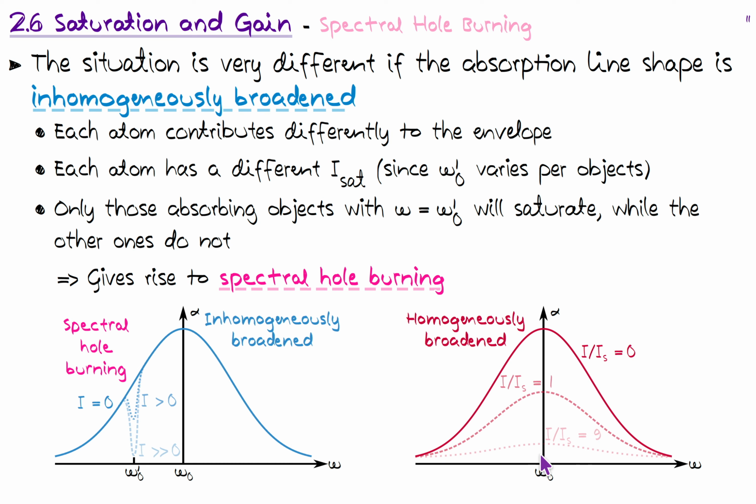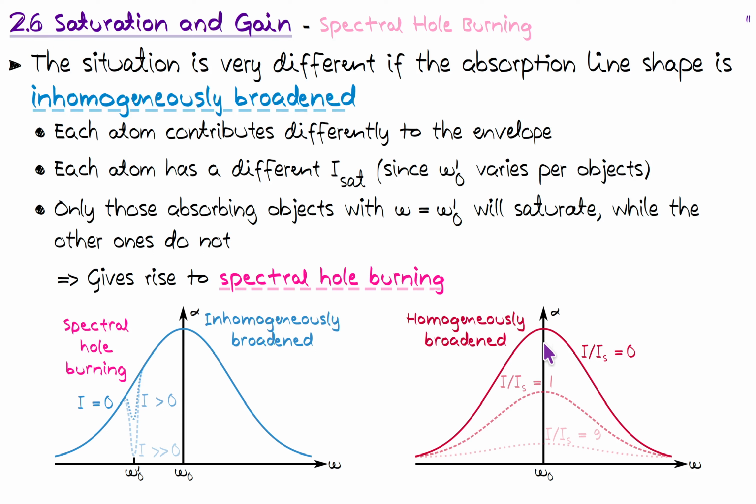So first, let's consider the homogeneously broadened medium. All of these atoms that form my gain medium have the same line shape. In the original case, where I have a weak incident field, the absorption coefficient is the original alpha naught.